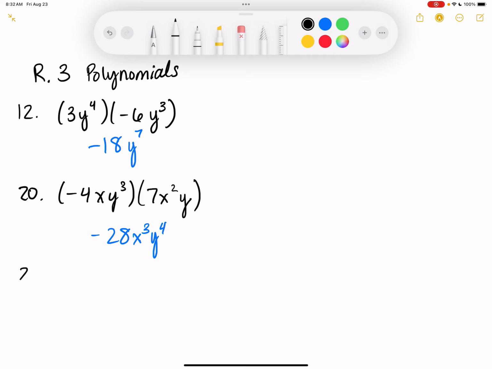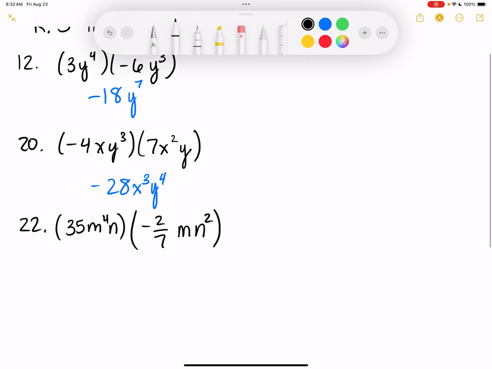22. 35, this is in parentheses, m to the fourth times n, times another parentheses, so negative 2 over 7 m n squared. So I want to multiply the numbers first. Obviously one of them is a fraction, so I like to see if something top and bottom will cancel.